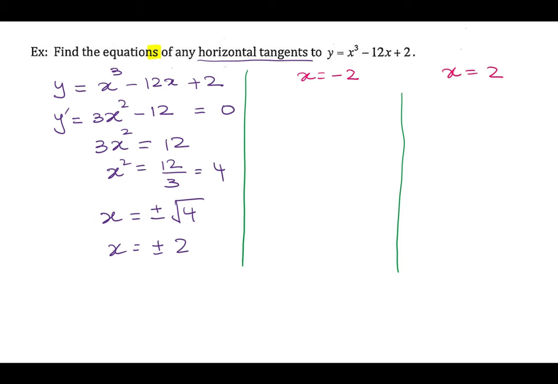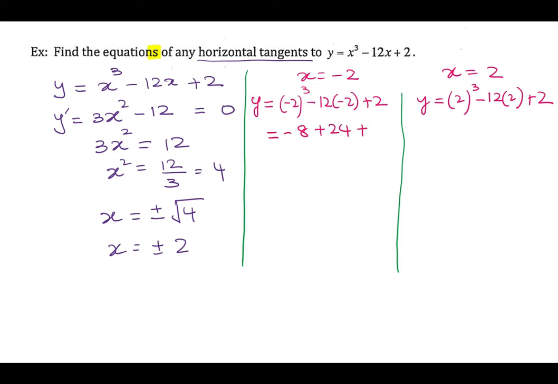So let's find the y value at each, right? So if I plug in minus 2 here, I get minus 2 cubed minus 12 times minus 2 plus 2. And plugging it here, you can do the calculations, right? So the y value is minus 8, and this is plus 24 plus 2, right?